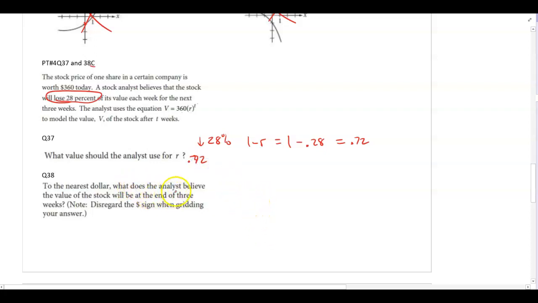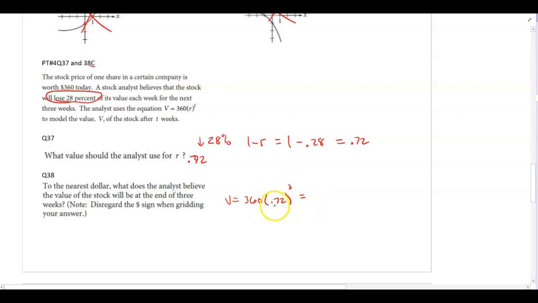To the nearest dollar, what does the analyst believe the value of the stock will be at the end of 3 weeks? Okay, so what we're going to do is say the value of the stock after 3 weeks would be 360 times 0.72, and now we're going to replace T with 3.